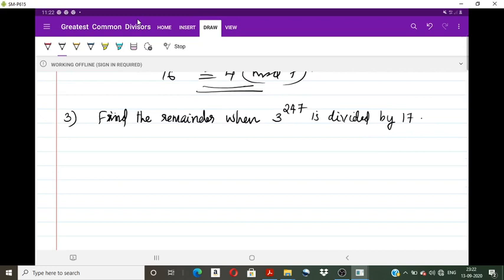So first of all, we have to find a power of 3 which is congruent modulo 17 to the smallest number which is less than 17.